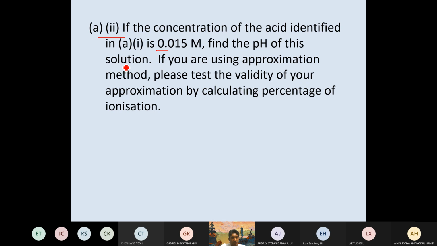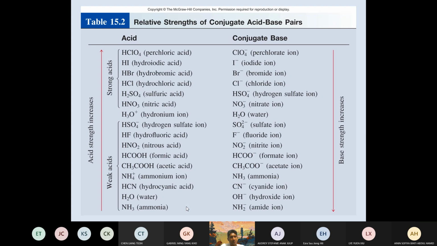We know the initial concentration now, and all of the acids are weak acids, so we will consider the approximation method probably at the end. But we do not know the pH, so we have to blindly take X amount dissociated, and how much will be left over at equilibrium. Just like the previous example, we will proceed and find the pH of the solution.